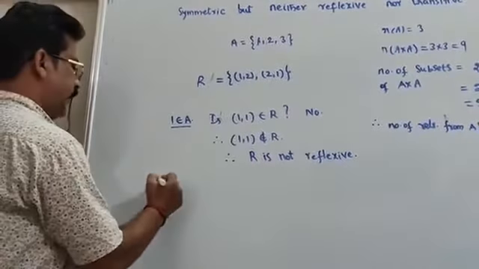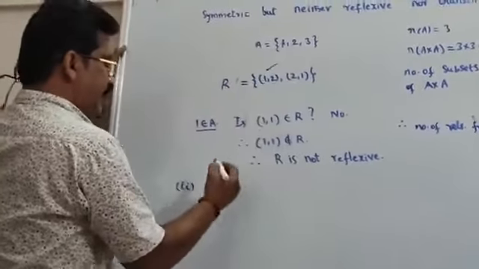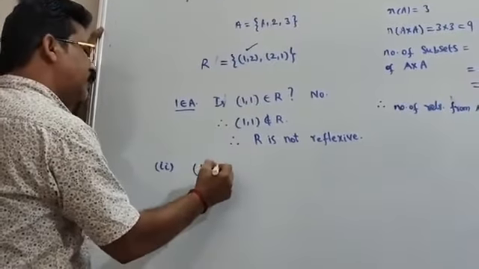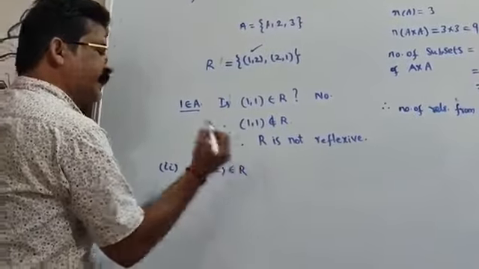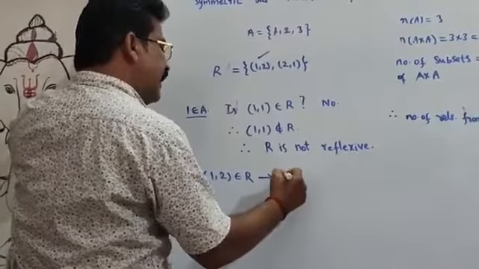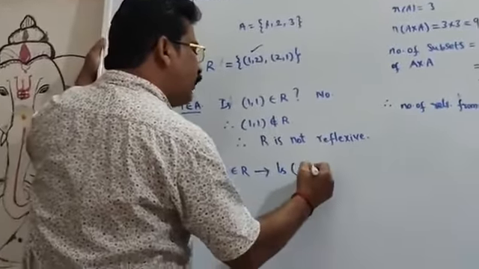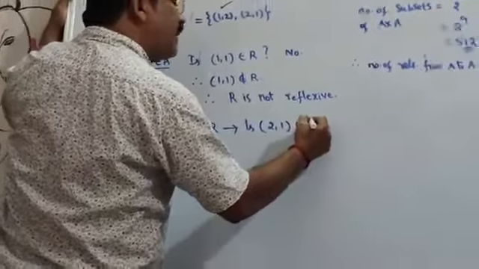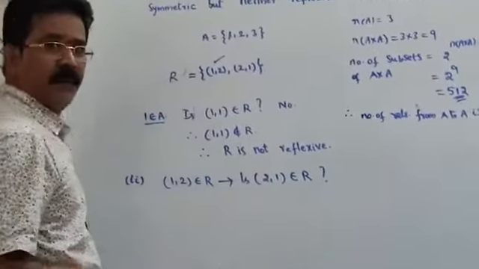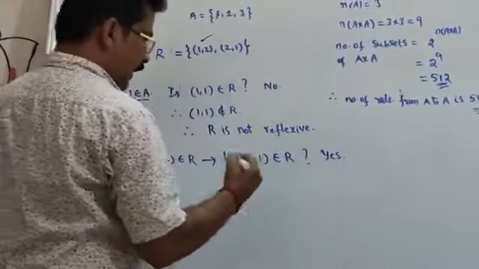Next, symmetric. For symmetric, number 2. So first take the first element, (1,2), that belongs to capital R. So I am asking, the reverse (2,1), does (2,1) belong to capital R? Answer is yes.